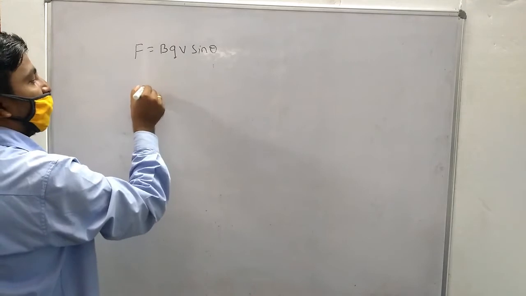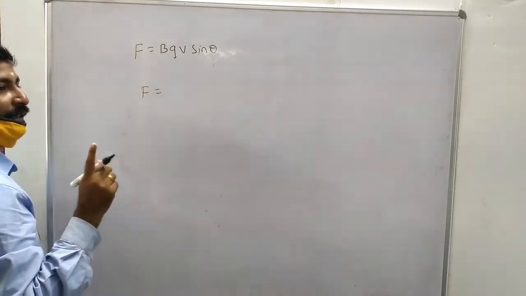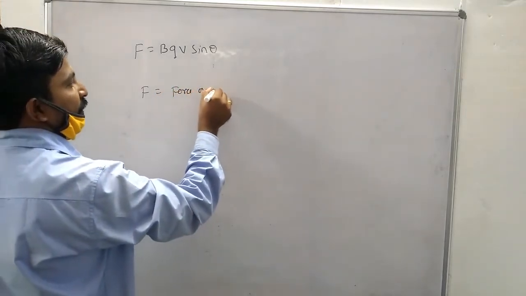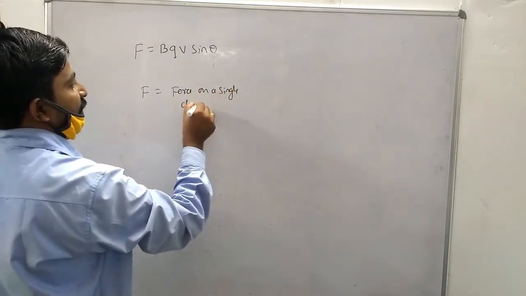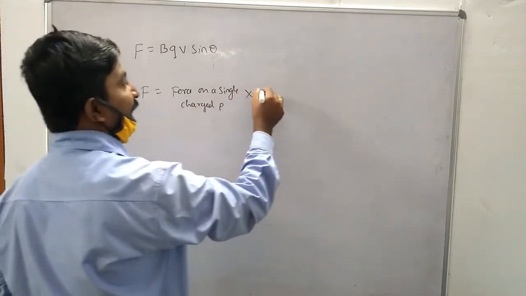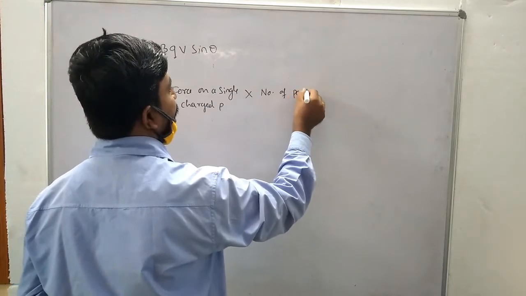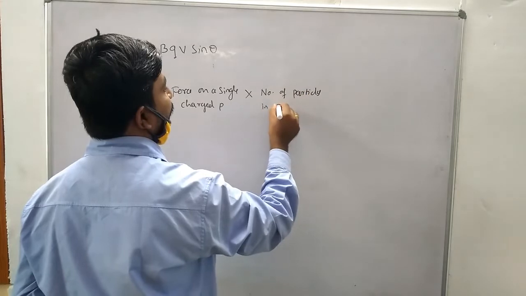F is equal to the force on a single charged particle into the number of particles in the conductor.